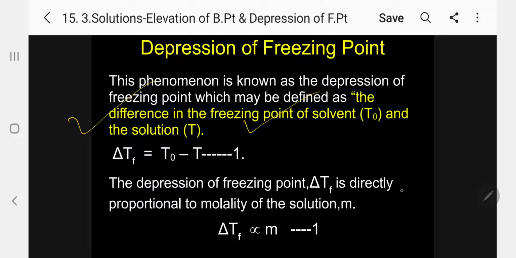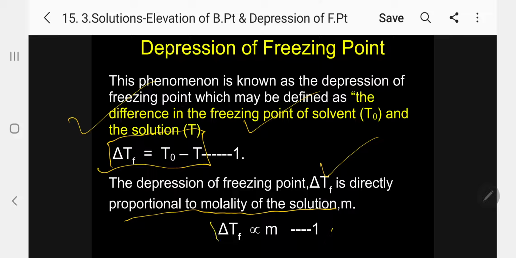Because T naught is greater than T, I can take the difference between T naught and T, that is delta Tf. According to Raoult's law, the difference of freezing point delta Tf is directly proportional to the molality of the solution. So equation 1: delta Tf is proportional to molality.